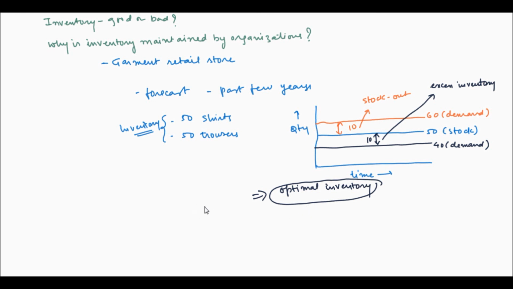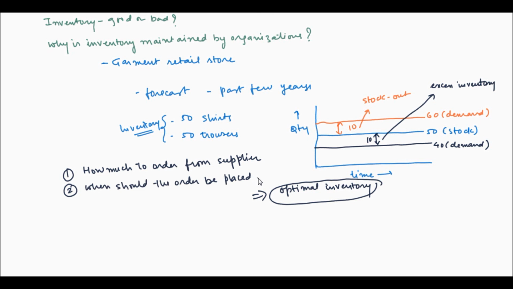So now there are two main questions that need to be addressed for managing inventory. First question is how much to order from the supplier, right? So you want to have optimal inventory. So how much should be the quantity that you order from the supplier? And the second question is when should the order be placed?